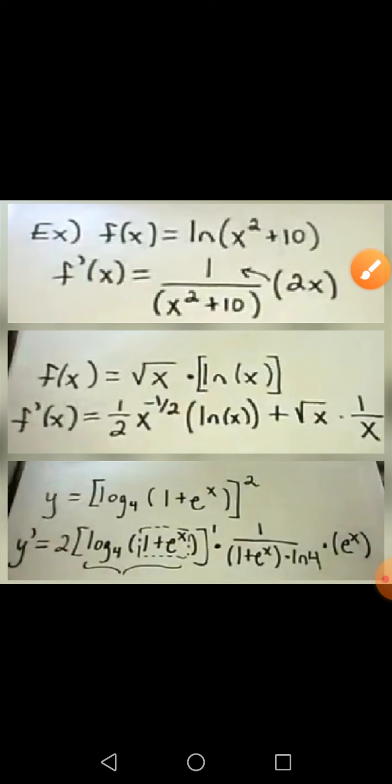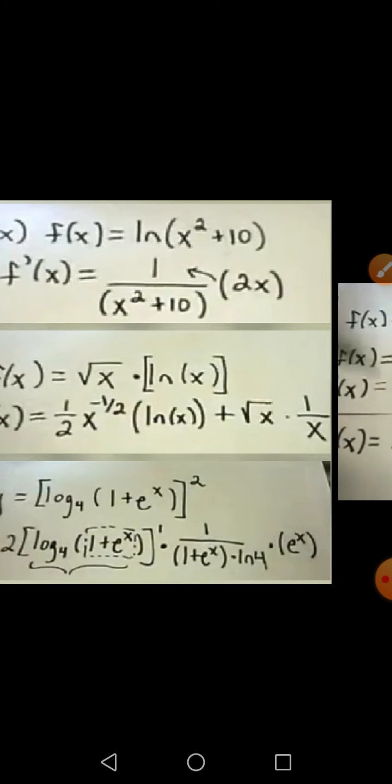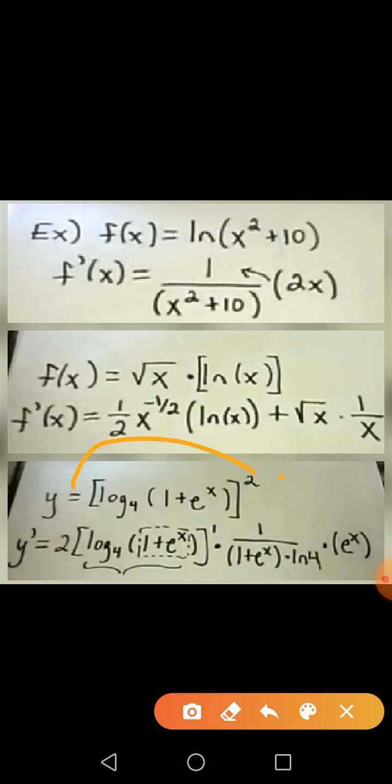Again, it's like a composite function, chain rule. I will start with the outer: bring down 2, then subtract 1, and write this function first, multiplied by the inner. Log of u, it's like this function is u.